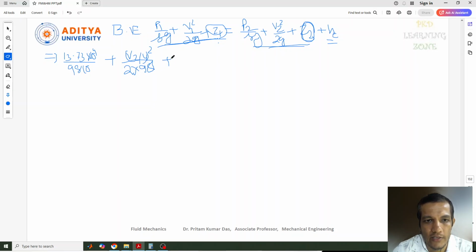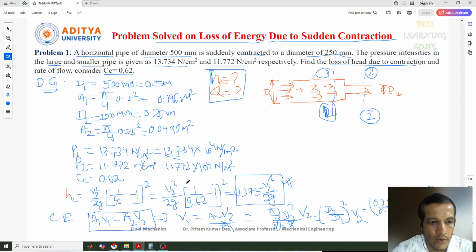Z1 is not there, so leave it. Equal to: what is the P2 value? P2 is 11.77 into 10 to the power 4.